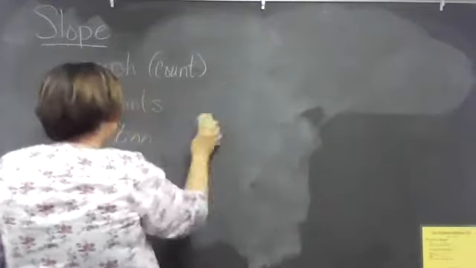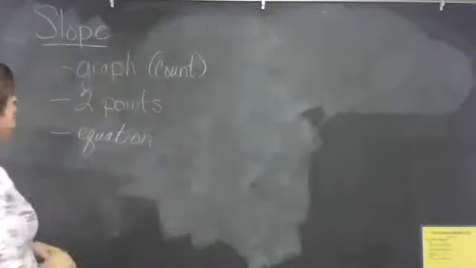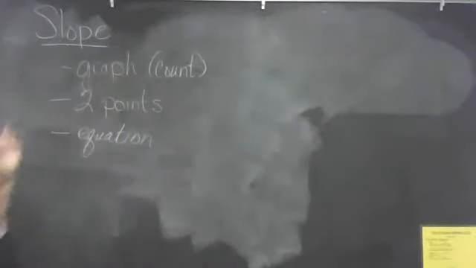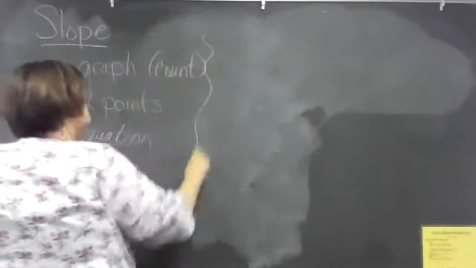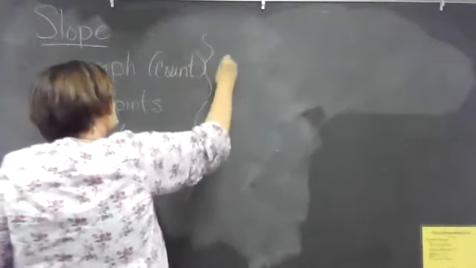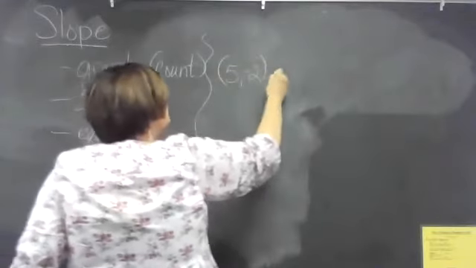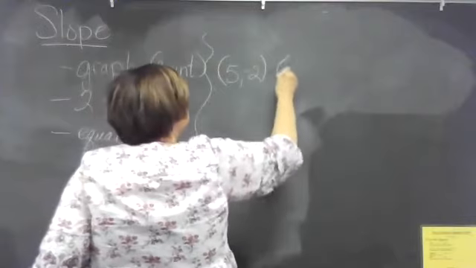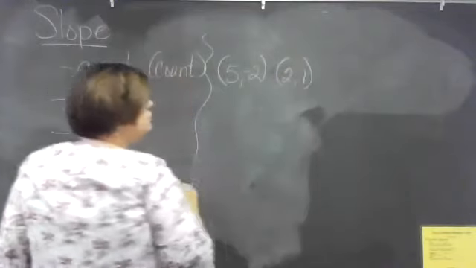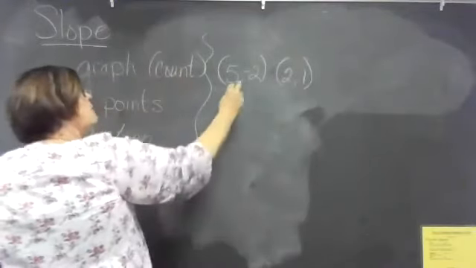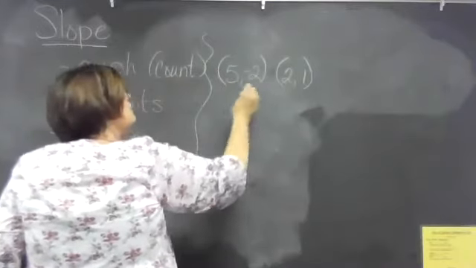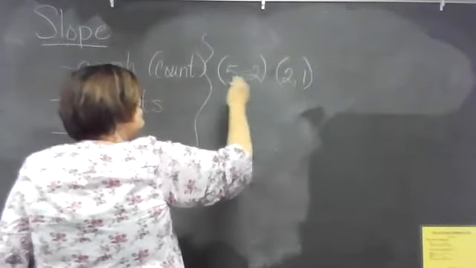The next way that we have been looking at is if they just give you 2 points, the coordinates of 2 points, not a graph. Then we found out, here's an example. Say they gave us (5, -2), and they gave us this point, (2, 1). And we're supposed to find the slope between these 2 points, the line that goes through these 2 points.